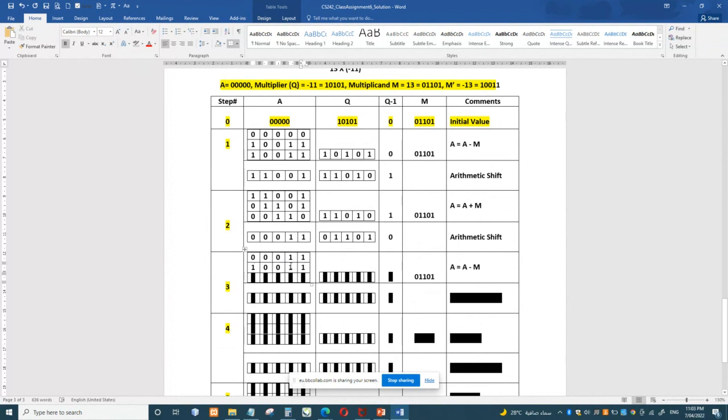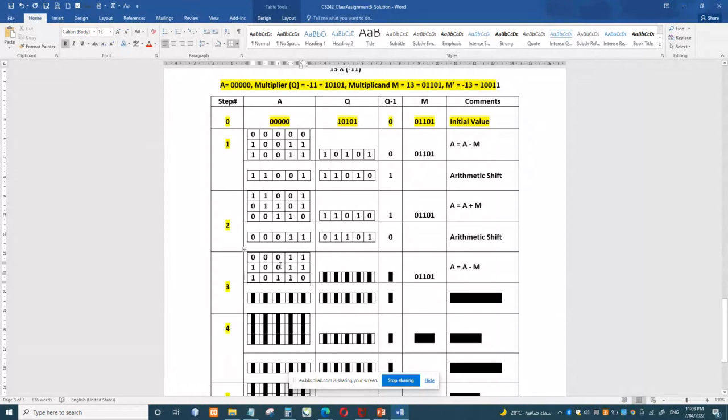Minus m is 10011. So this is our a, which is 00011, and now we have to perform the addition operation. 1 plus 1 is 0, carry is 1. Then 1 plus 1 plus 1 means with carry 1 it is 3, so we put 1, still carry is 1.